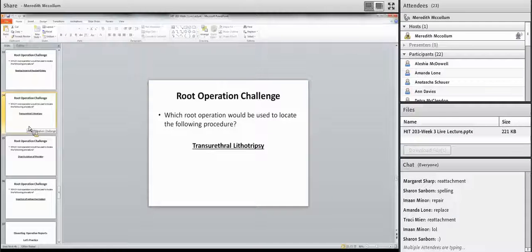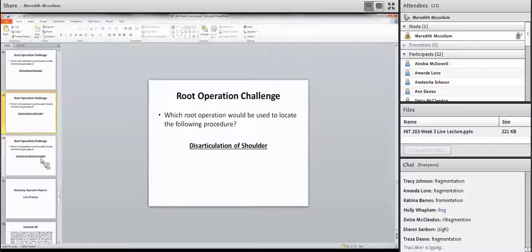Transurethral lithotripsy. Yes. Fragmentation. This is where they destroy the different types of stones. Disarticulation of the shoulder. That's correct.